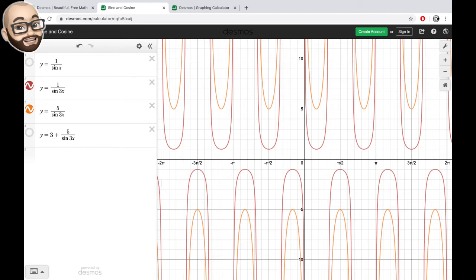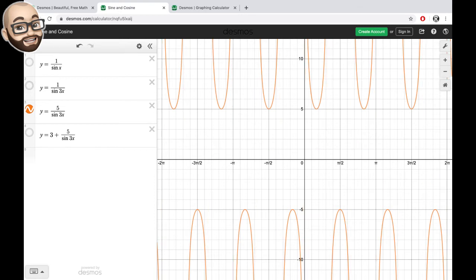As you can see, all we've literally done is, from the x-axis, stretched it in the y direction, scale factor 5. So where the minimum point was 1, that has now jumped up to 5. So this orange graph is the 5 cosec 3x graph.